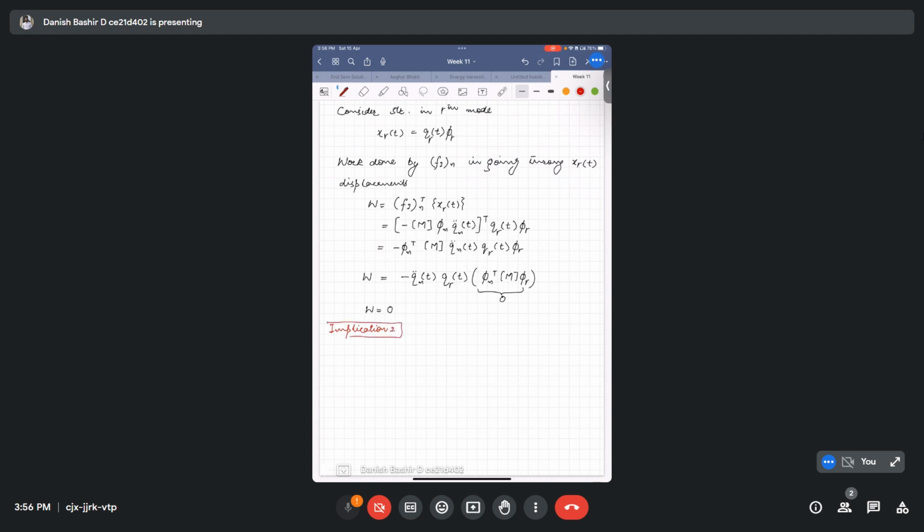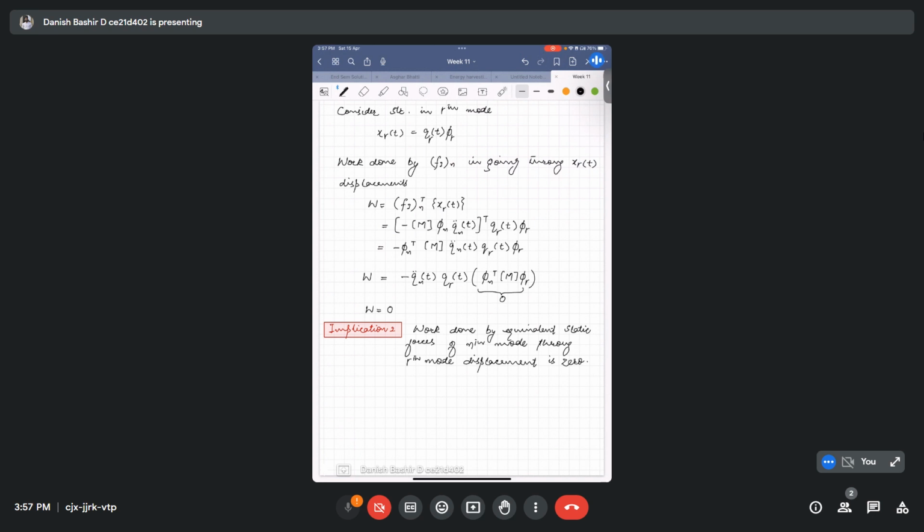We can write it as work done by equivalent static forces of the nth mode through rth mode displacement is 0.